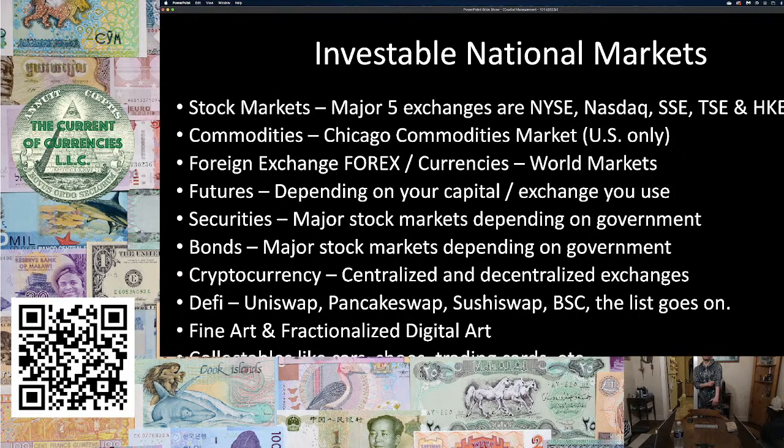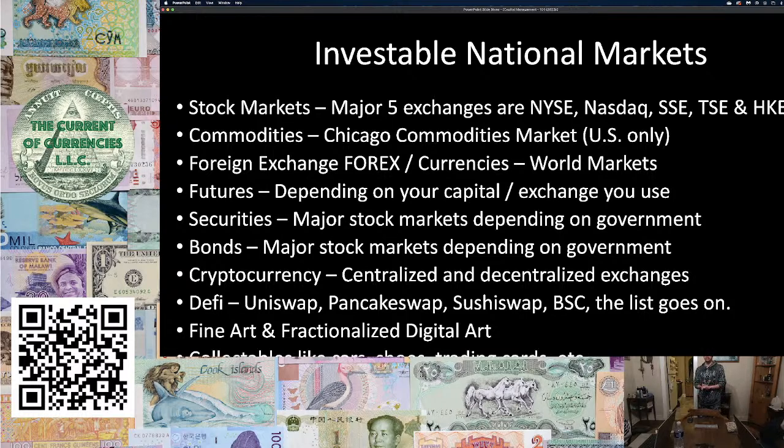DeFi, decentralized finance, is wrapped around the cryptocurrency space, but that also includes art and fractionalized art. I'm sure, we were just talking about NFTs last night. And then we have fine art, the Mona Lisa, Leonardo da Vinci.